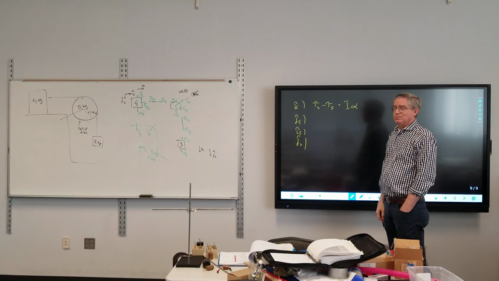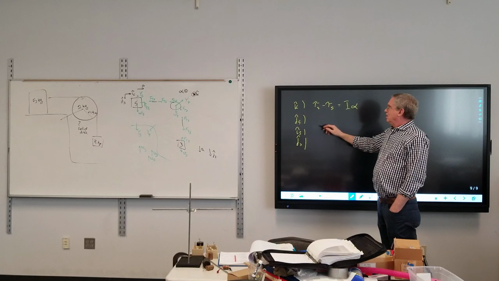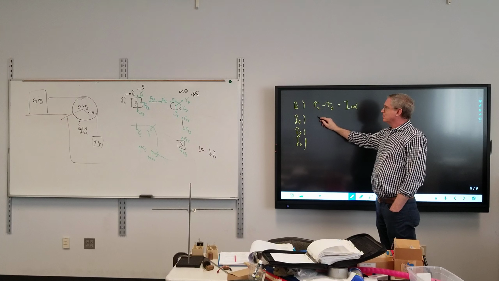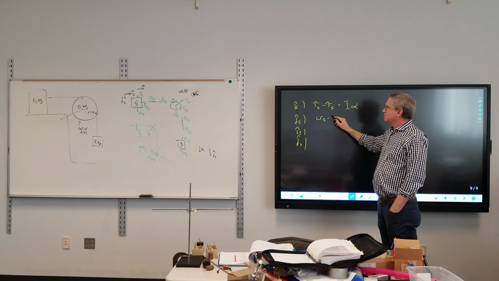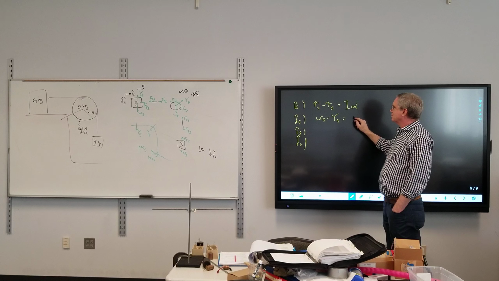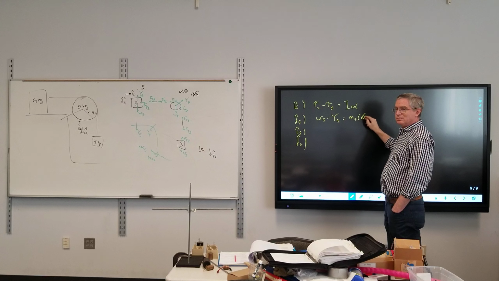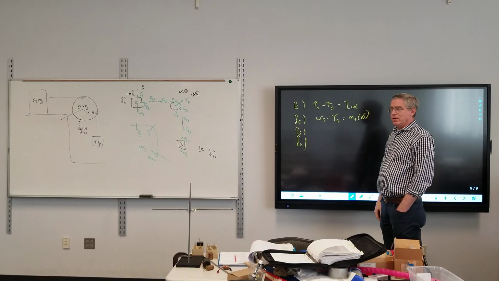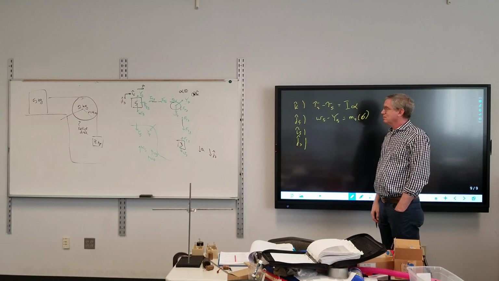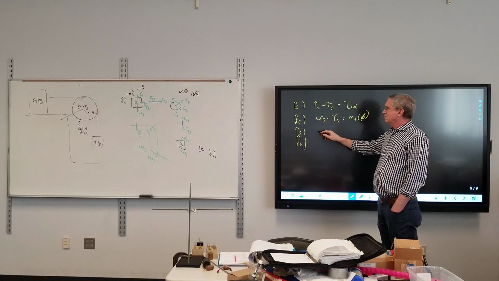And 1 down. For J hat of 5, it's W5 minus Y5 is equal to M5A. Oh no, 0. I hope it's not accelerating up or down. All right, next.